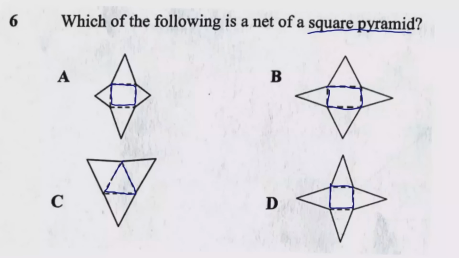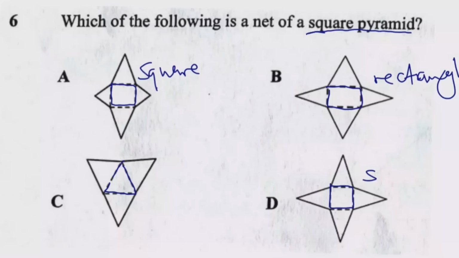Okay, so now the name is square. So among these 4 nets I've drawn, which one is a square? You can see that on A the base is a square, on B the base is a rectangle, so this one is a rectangular pyramid.